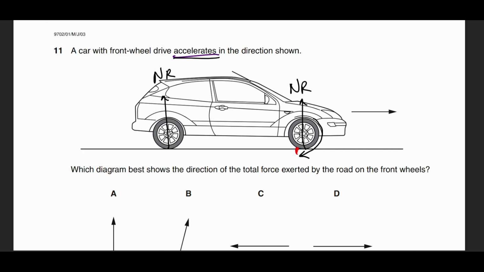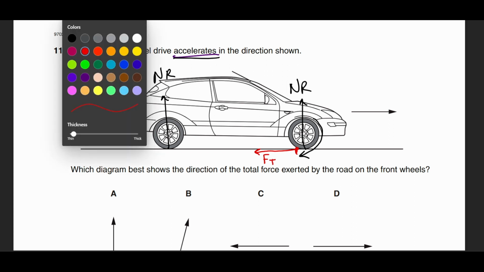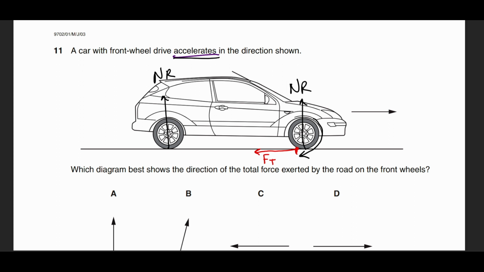So the tire is applying a force on the ground backwards. So this is force by tire, Ft. So how is the ground going to respond to the tire according to Newton's third law? You've applied an action force. Now the floor is going to respond, as per Newton's third law, by applying a force in the forward direction. So this will be force by the road on the tire.